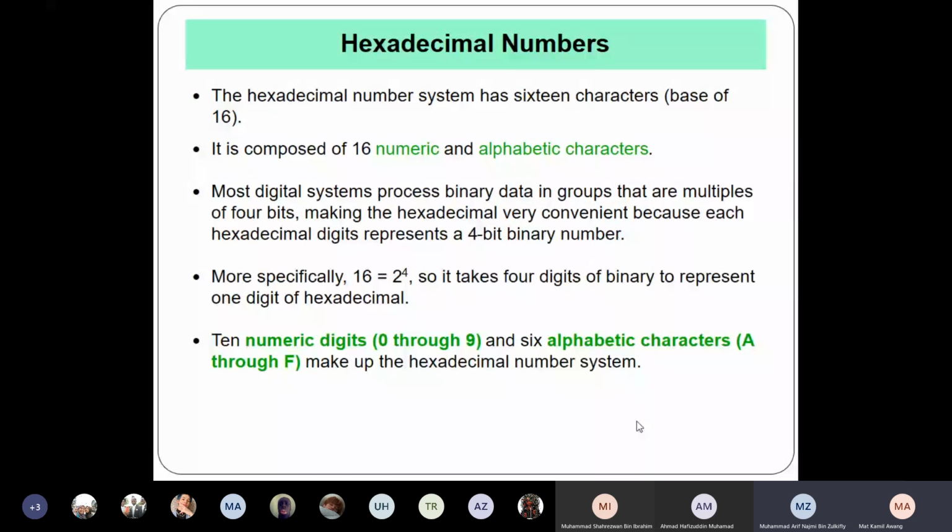Now we go to hexadecimal numbers. The hexadecimal number system, what time is it now? 120, sir. Almost 2 hours already, right? So, you want to continue with hexadecimal?